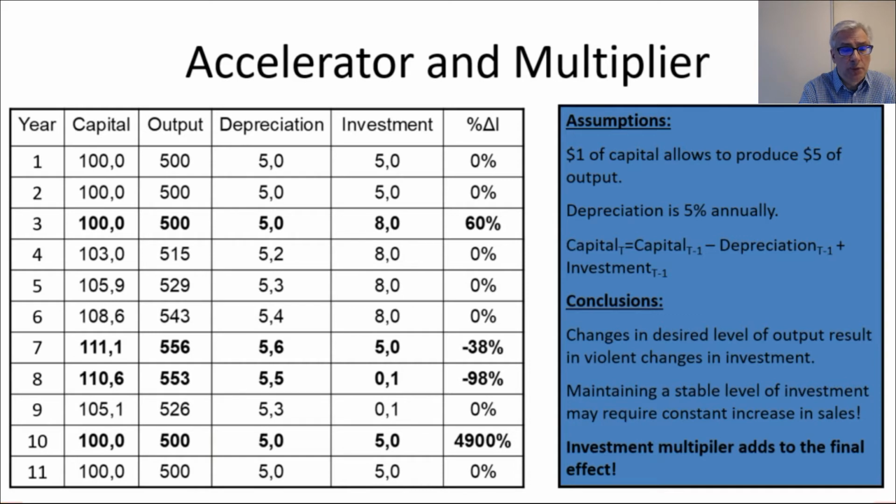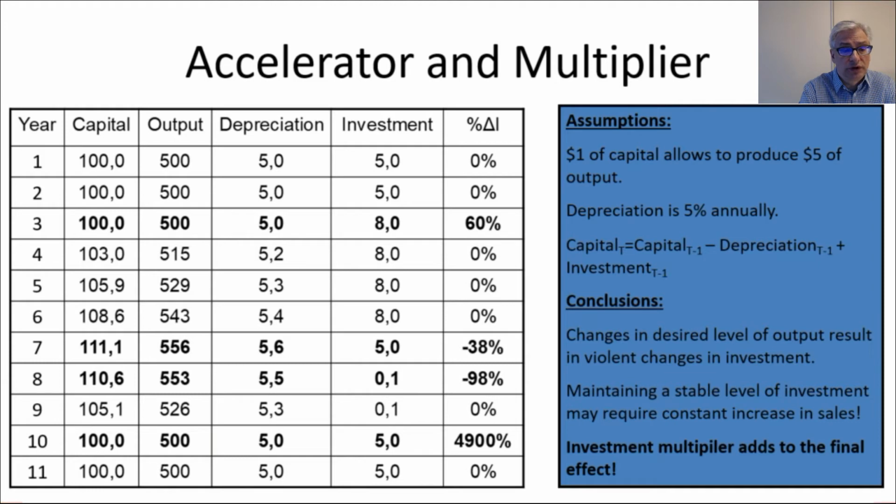We want to compensate for that to keep the capital at a constant level of 100 and output at a constant level of 500. So our investment would be 5. Depreciation 5, investment 5. Look, I'm at year number 1.